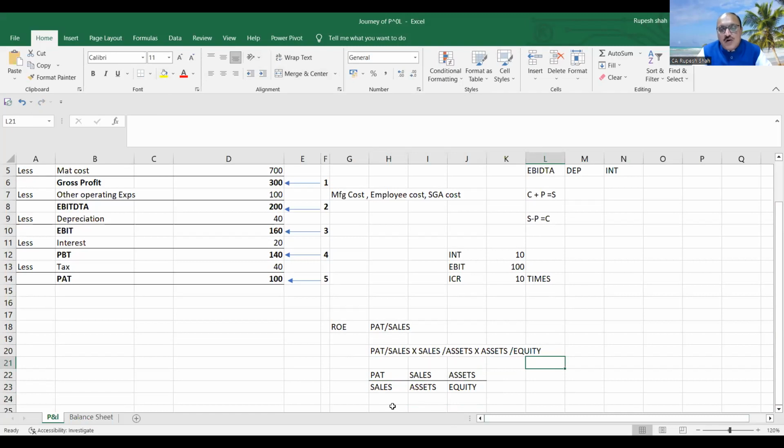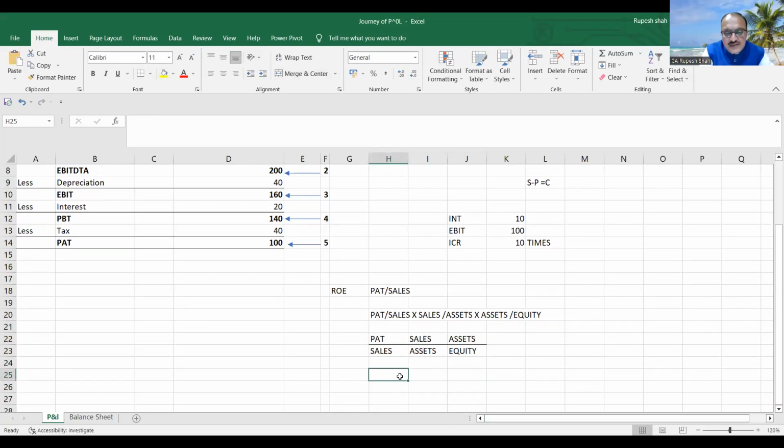Correct? Now, say my sale is 100, and say like a DMart, my profit is 4. So 4% is actually my profit margin. My sale is 100, and the total assets in my business is, say, 200.